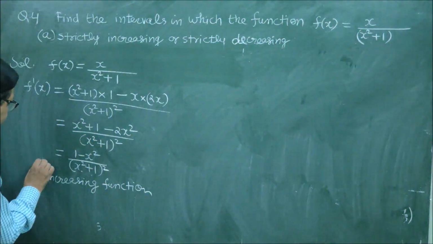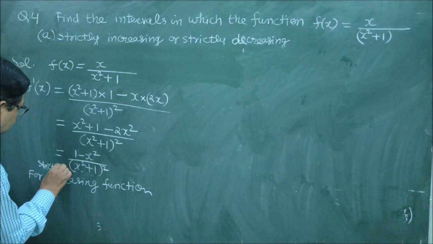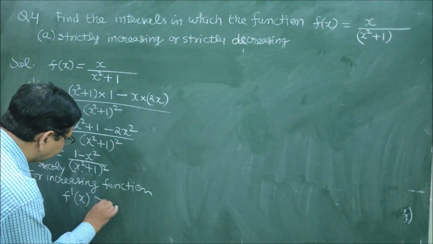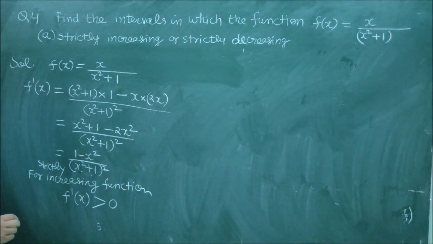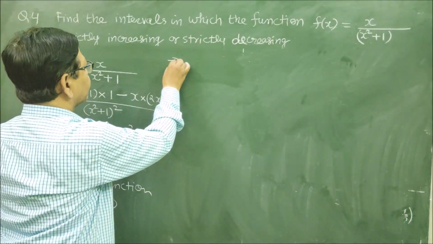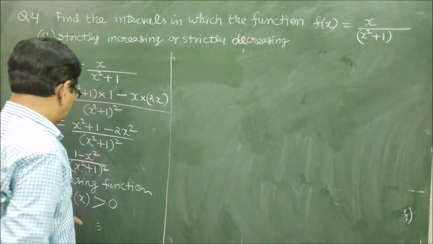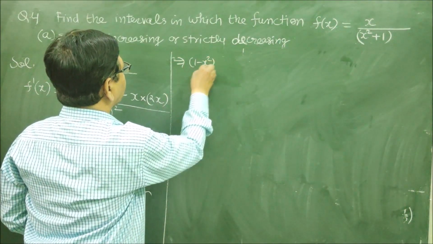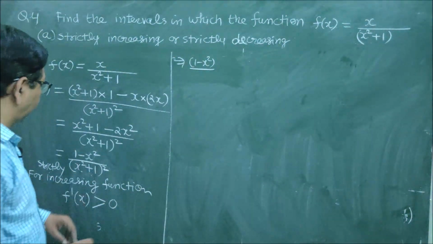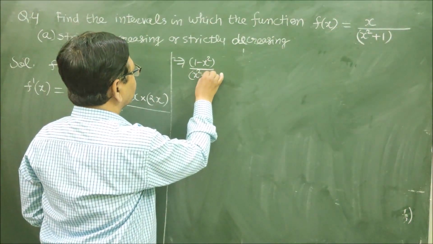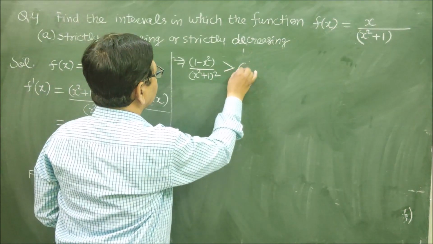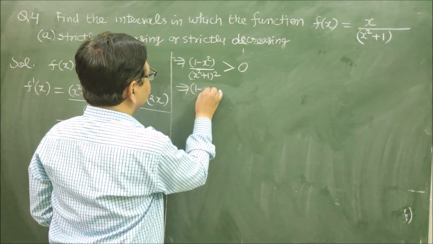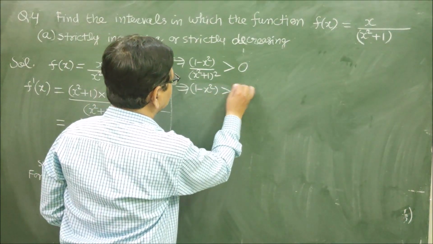So now for strictly increasing function we must have f dash x greater than 0. That is 1 minus x square upon x square plus 1 whole square is greater than 0. This is always positive, so we can write 1 minus x square should be greater than 0.